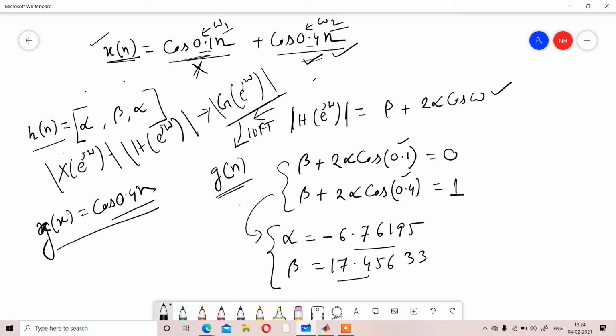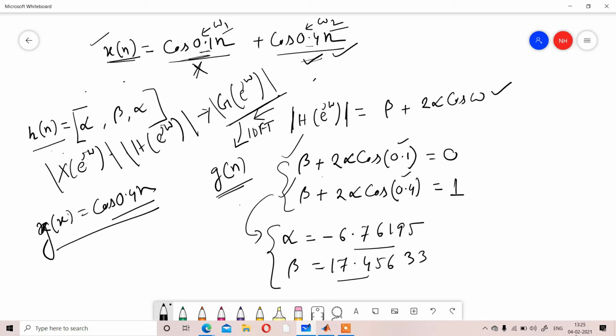Now, if you have any question up to that, you can ask me. Clear, Tito? Yes sir. Okay, tell me, if we simply want to keep cos 0.1n and remove cos 0.4n, then what should we do? You have the two equations that you have got.